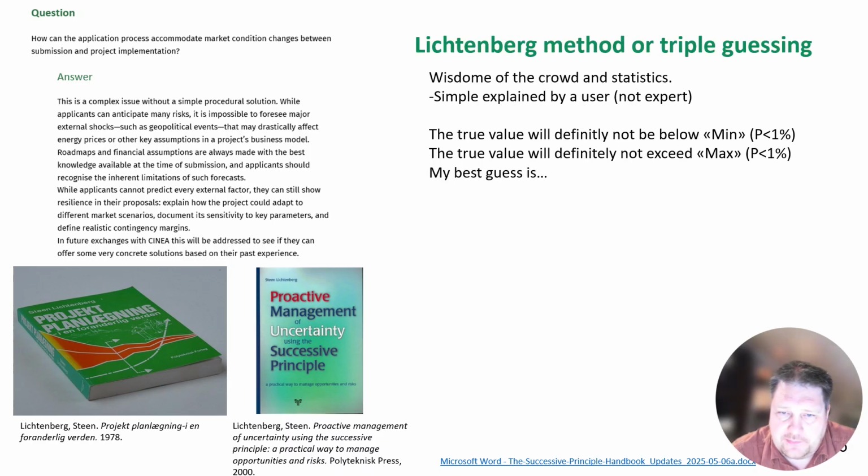And he called this method the triple guessing method, and it's based on wisdom of the crowd and some statistic tools. So very simply explained, if you collect a team of experienced people, they should at least have experience in the topic that you are trying to address.